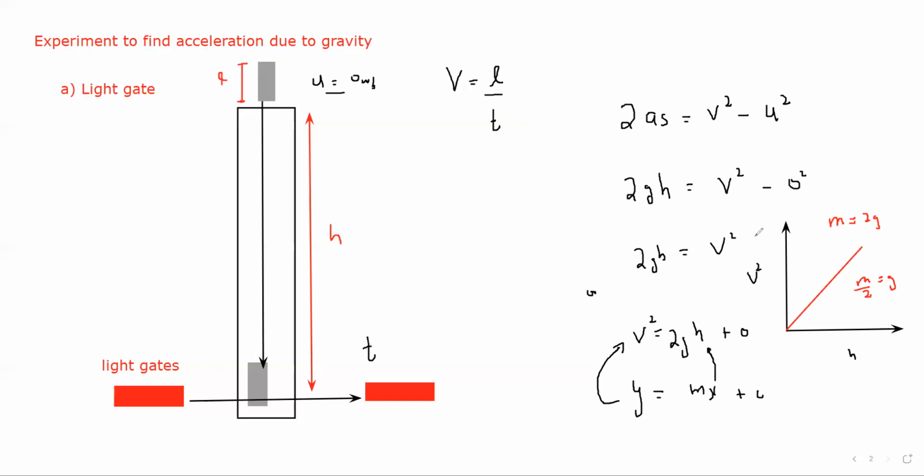Acceleration due to gravity for a falling object without air resistance using a light gate.